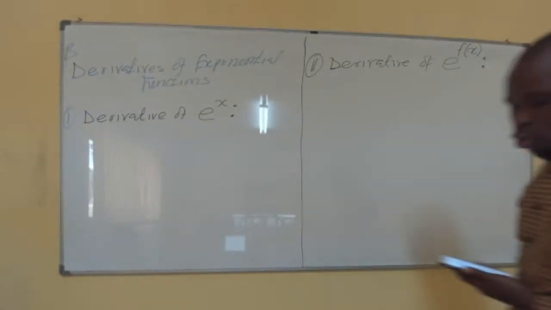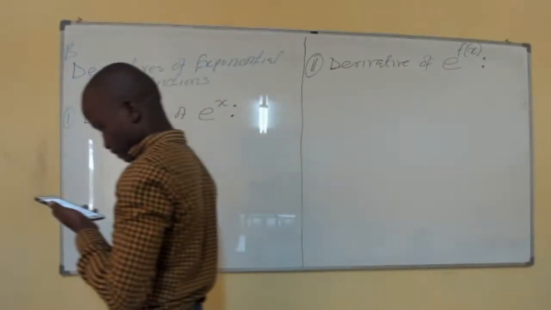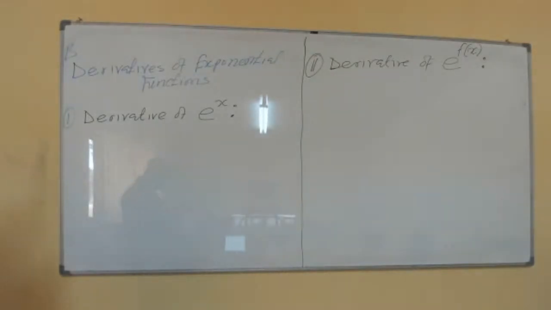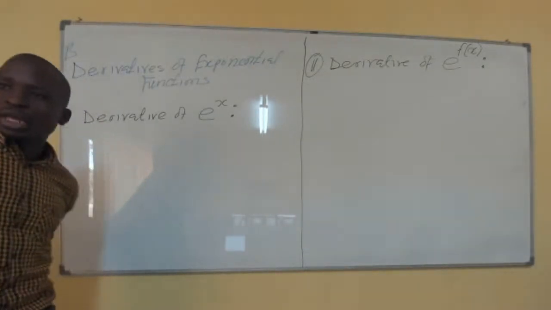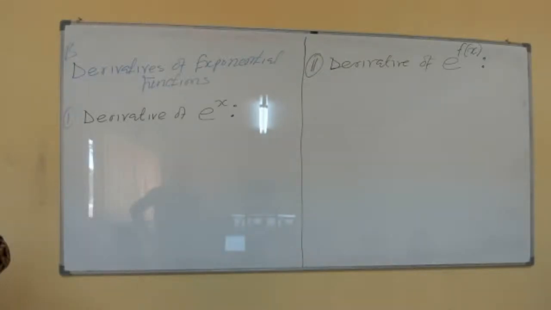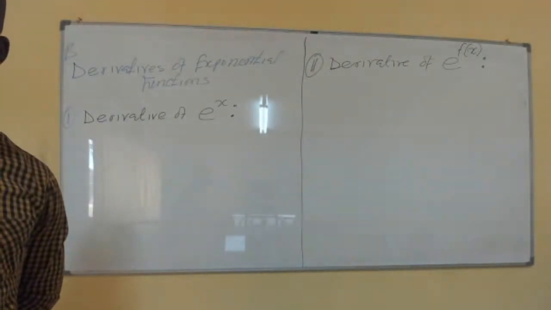Okay, maybe I can continue. Let's check on these kind of functions that we are looking at. E to the power x, which is an exponential function. There is also another form, but I'll look at that later.